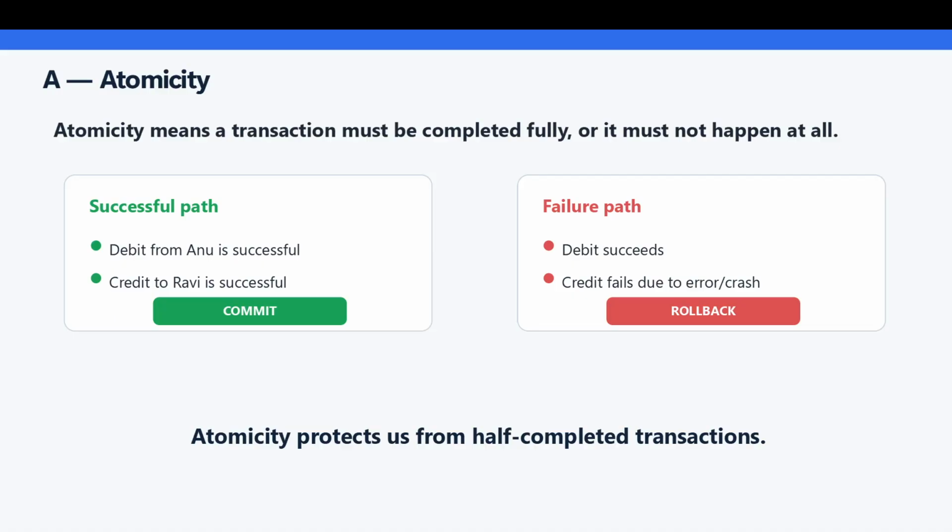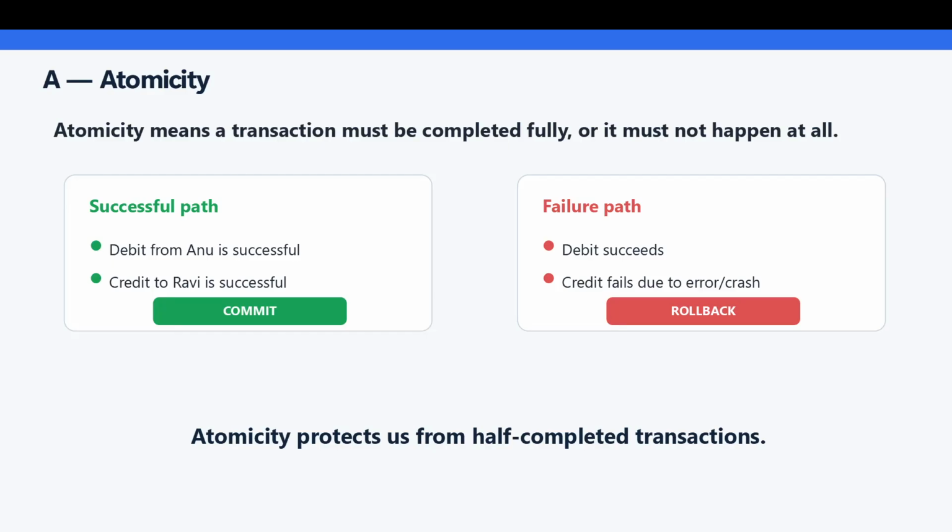This process is called a rollback. So if the complete transaction is successful, the database performs a commit. If any important step fails, the database performs a rollback. So therefore, atomicity protects the database from half-completed transactions.